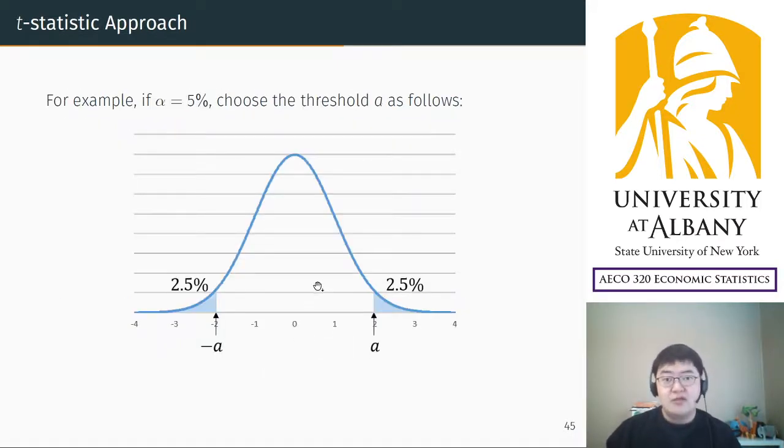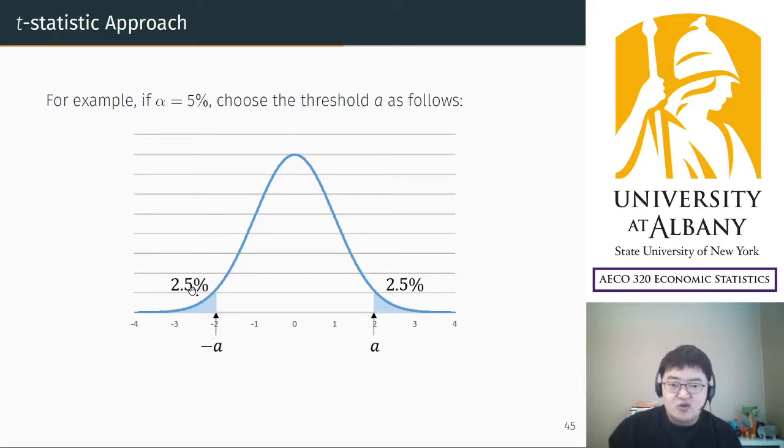So in the picture, this is what we are doing. For example, if you choose 5%, you are going to reject the most unlikely 5% of outcomes. You are going to reject 2.5% here and 2.5% here.